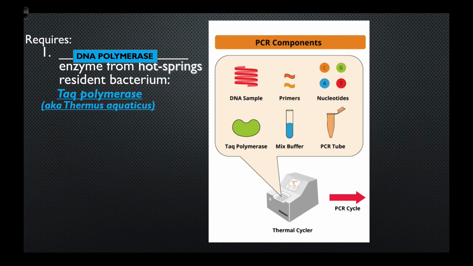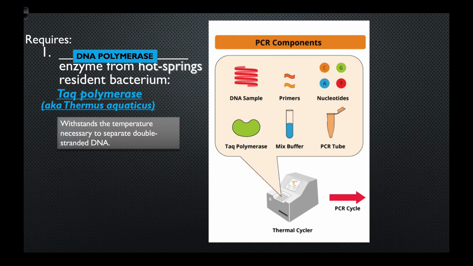So we're going to borrow from one of our bacterial friends an enzyme called Taq polymerase. Officially, its name is Thermus aquaticus, and it can copy DNA when temperatures are very, very hot, hotter than human bodies could withstand. So we can say the Thermus aquaticus Taq polymerase withstands the temperature necessary to separate double-stranded DNA.